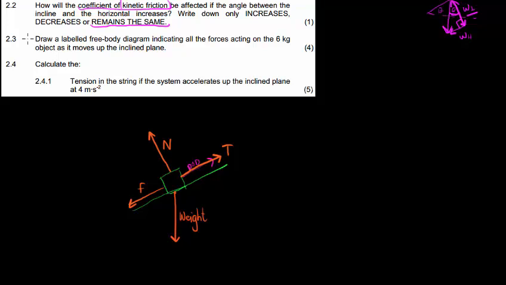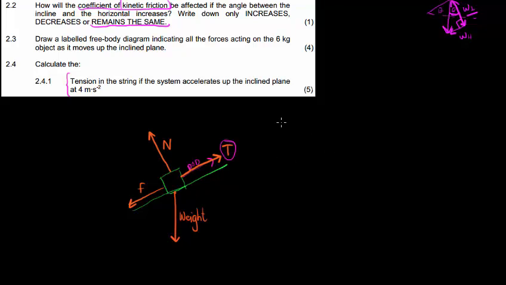Now for your next question, and this is where I want to show you where we're going to use our formula. Here they say to calculate the tension in the string, and by the way, this is 4 lovely marks, isn't it? Brilliant for drawing. So we must calculate T in the system if the system accelerates up the incline at 4 meters per second squared.